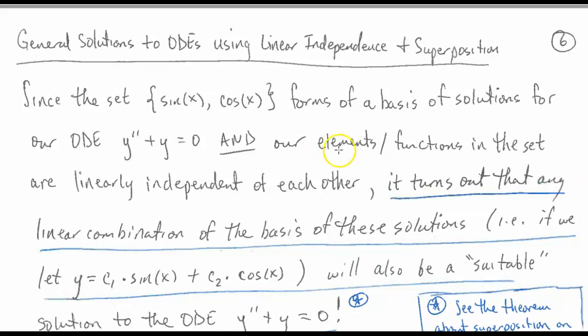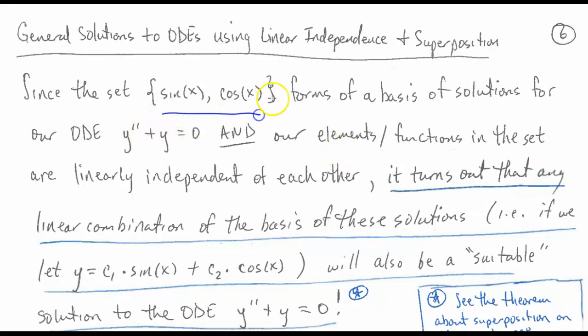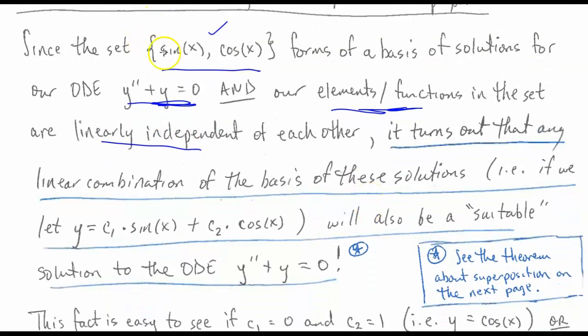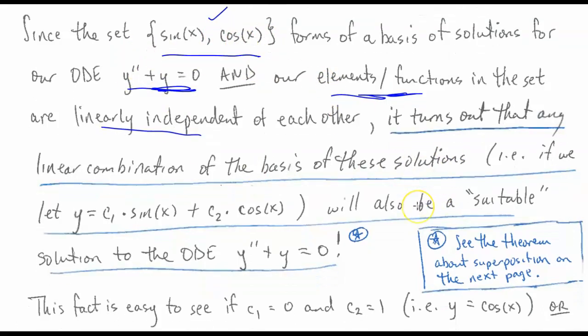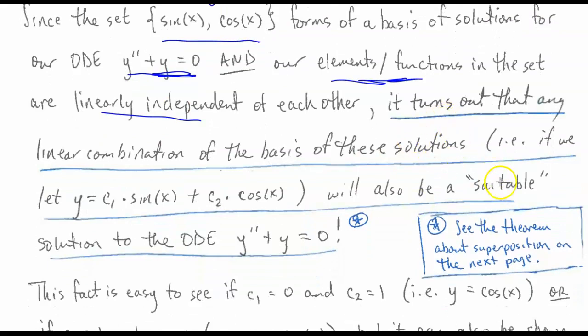Since the set sine, cosine in the example we've been going over forms a basis of solutions for this particular ODE, and the functions in this set are linearly independent, it turns out that any linear combination of these two functions will be what we call suitable solutions as well.